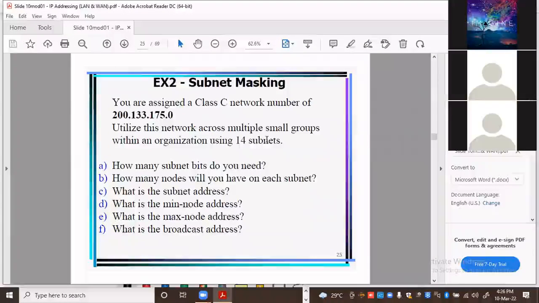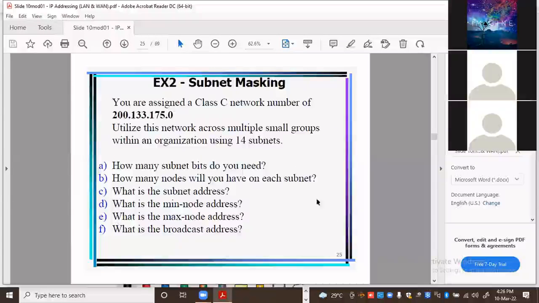Okay, I'll get to your question very soon. So they say you have 14 subnets. That's what it's telling you. They're telling you to use this IP address with a Class C to address multiple small groups within an organization using 14 subnets. And the first question is, how many subnet bits do you need?